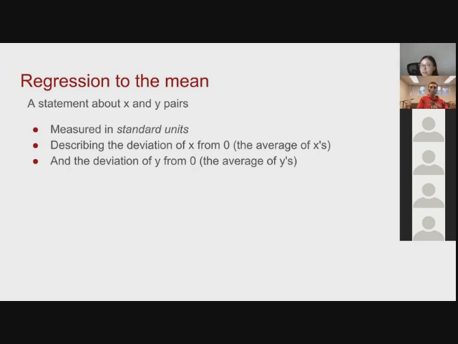If you standardize both, the X and Y in their standard units, then the linear regression line is trying to describe how the deviation of Y can be explained by the deviation of X. If a lot of that deviation of Y can be explained by the deviation of X, then the linear regression will be fitted pretty well, and the prediction could also be very accurate.